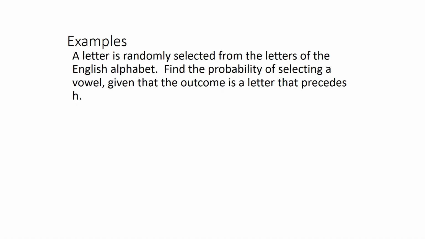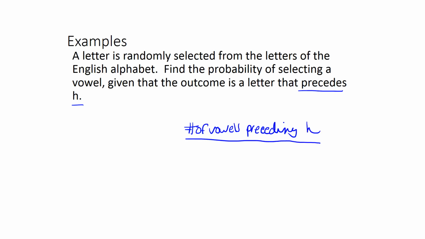We know, given that the outcome is a letter that precedes H, so what we want to know is the number of vowels preceding H over the number of letters preceding H. We only want that total here. We already know that it precedes H.